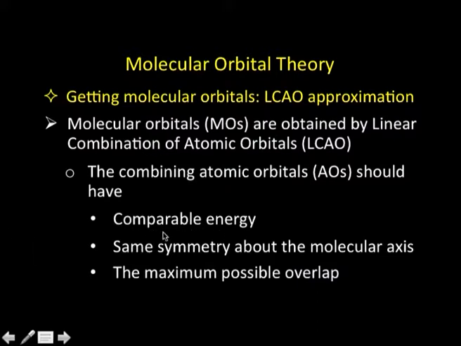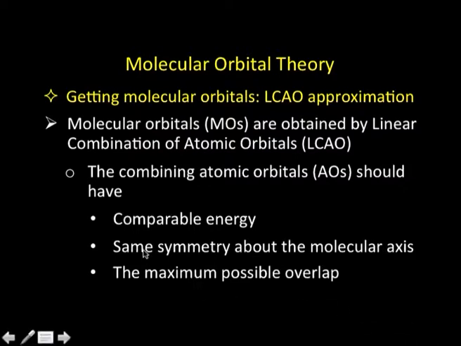That means, when you take atom 1 and atom 2 and want to combine their atomic orbitals, three conditions have to be met. The energy of the two atomic orbitals should be comparable. I cannot combine one atomic orbital of a given energy with another of very high energy. This is not permissible; they will not lead to reasonably good, acceptable molecular orbitals. So the first requirement is that the energy should be comparable.